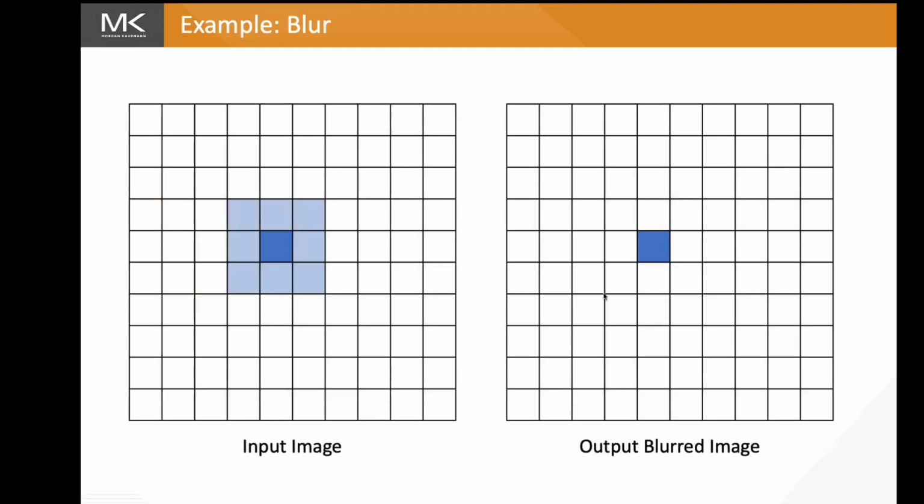So here on the right, we have the output blurred image, and here on the left, we have the input image. Each pixel in the output blurred image is the average of the corresponding pixel in the input image and some pixels surrounding it. This can be tuned by some variables in your code, but basically this is the strategy that we follow for this image blurring example.